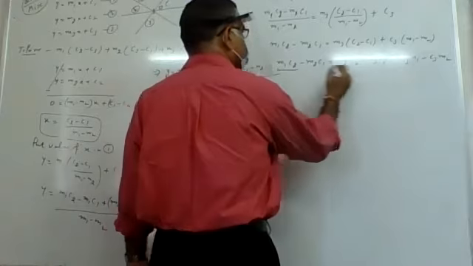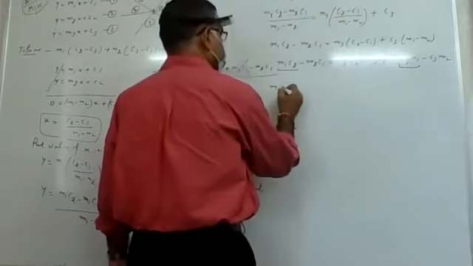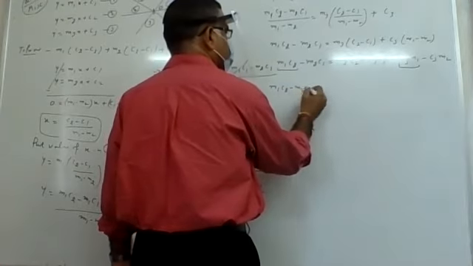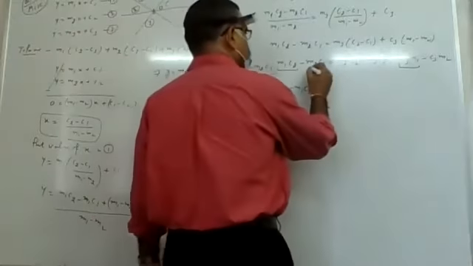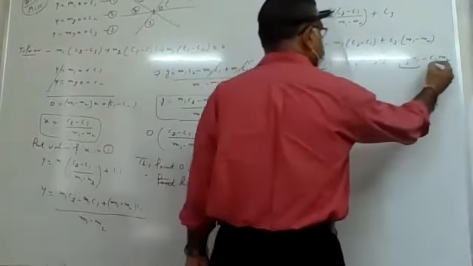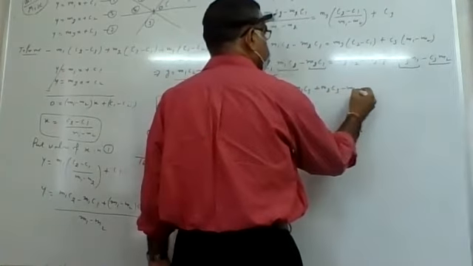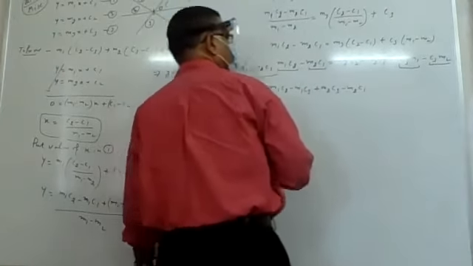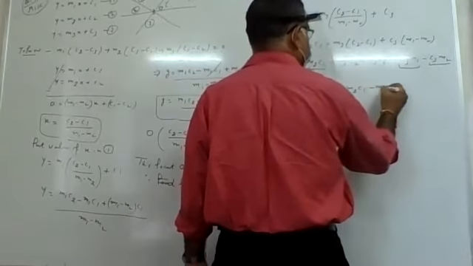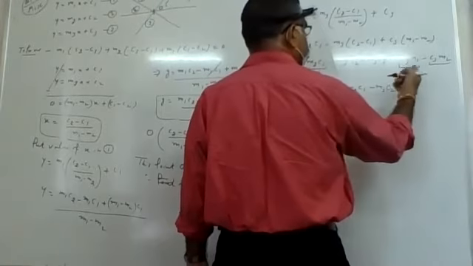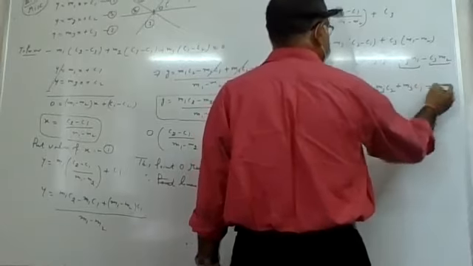Now this is m1 and this is m1. Collect them: m1 c2 minus m1 c3. After that, look where the m2 terms are: bring this to this side, plus m2 c3 minus m2 c1. Now m3 c3 minus m3 c2, and the m3 term plus m3 c1, equal to 0.